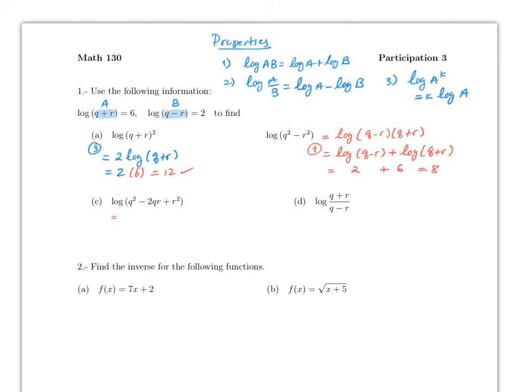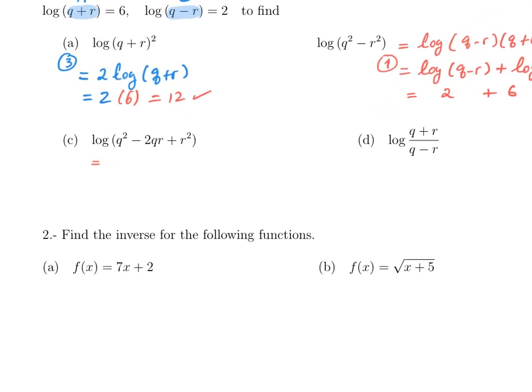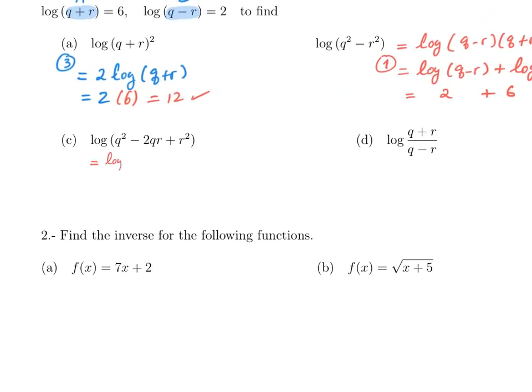Part C, if we factor this part, this will be Q minus R squared. So now this will be just like part A. The 2 goes in front by property number 3 again. And this is log of Q minus R. But log of Q minus R is equal to 2.